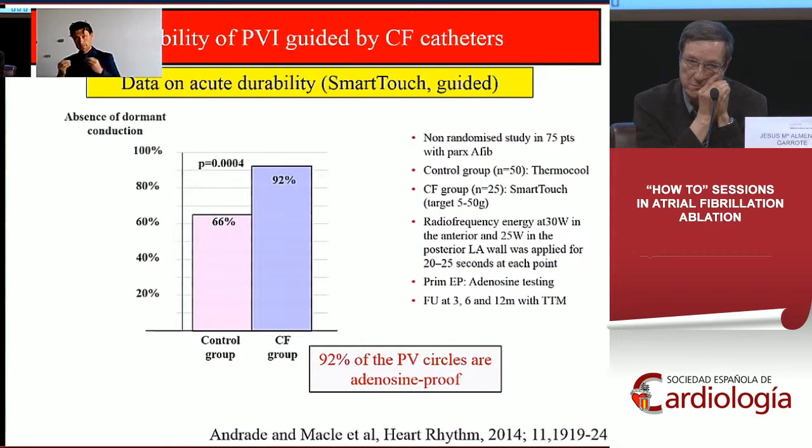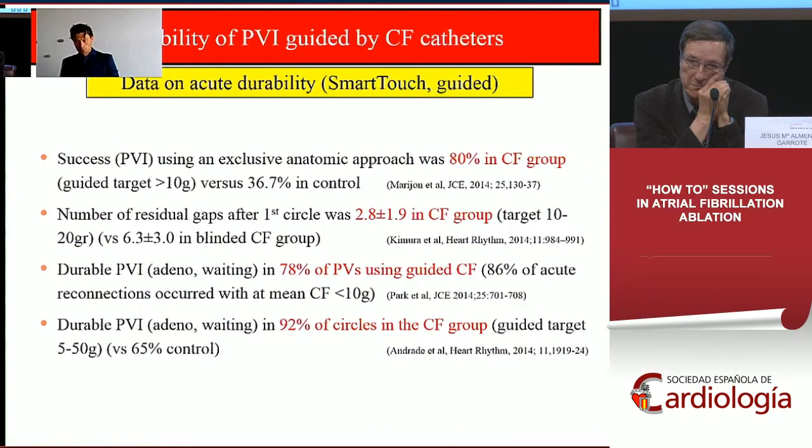If you check the veins with adenosine at the end of the procedure, acute durability is statistically higher than when you are using non-contact force catheters. This is a paper from Andrade and Mäkler from Canada. They are not the only ones showing that with contact force catheters, you improve acute durability.